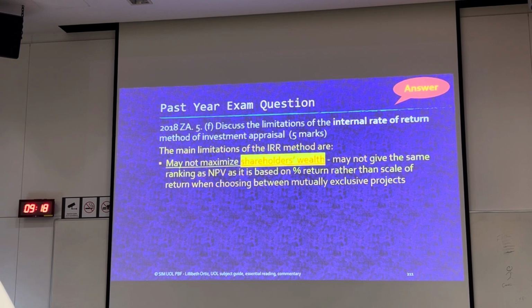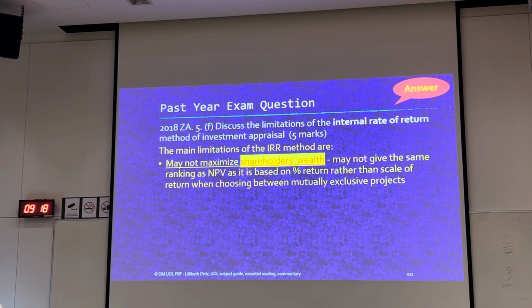You want the shareholders, the owners basically of the company, to increase their wealth. That's their goal in investing in the company. And IRR may not maximize that. You may look like you have a high return simply because your initial investment is low, but in the end it may not give you more cash flow.